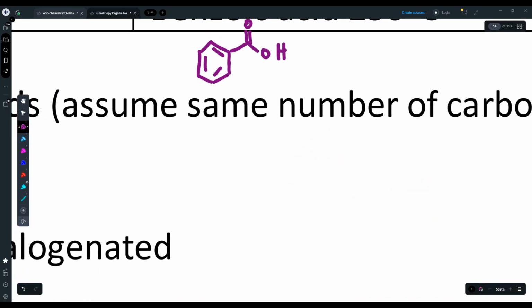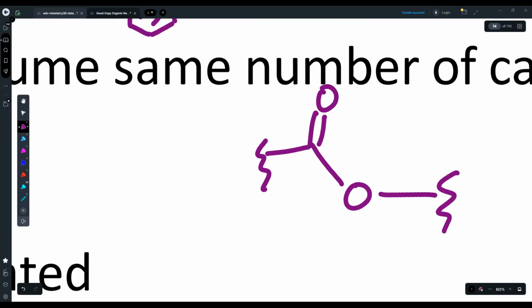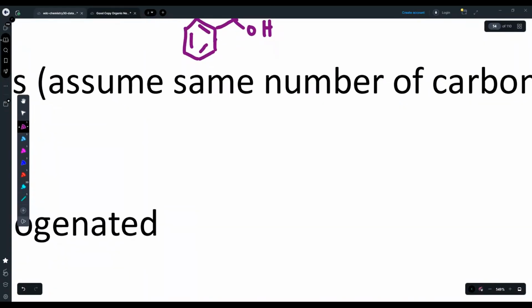For this, it is going to have London forces, and it is going to be able to have some dipole-dipole attractions. However, because there's no hydrogen directly attached to one of these oxygens, there's not going to be any hydrogen bonding here. Okay?